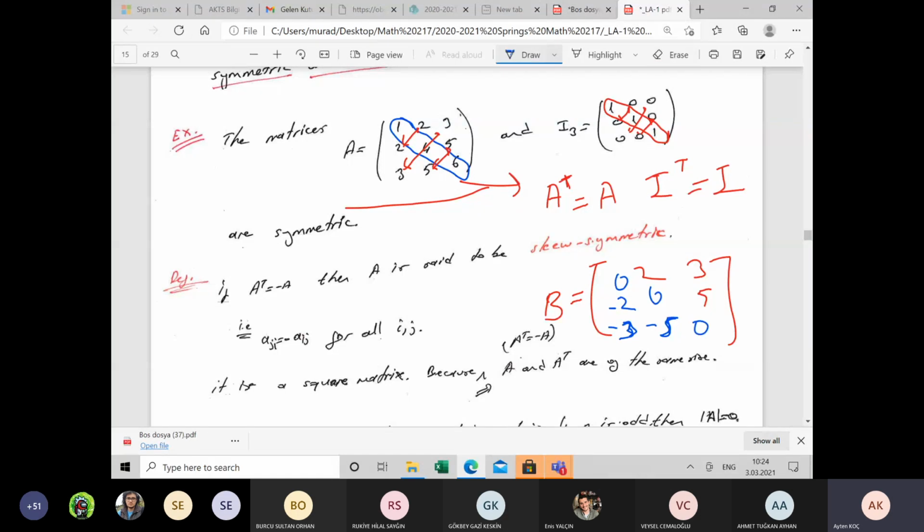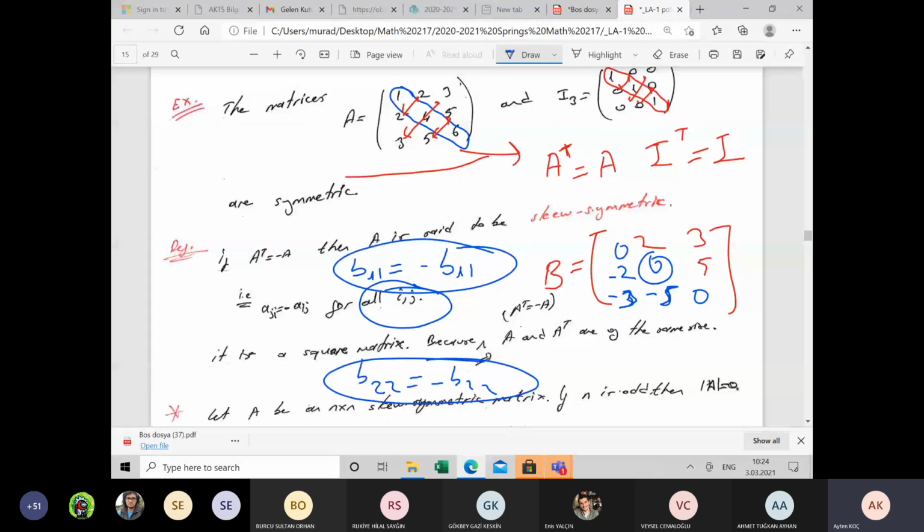Otherwise, for all ij, b sub 1, 1 should be minus b sub 1, 1, and b 2, 2 on the main diagonal should be minus b 2, 2. But we know the entries are real numbers. Which number equals itself multiplied by minus 1? 0. It's okay? So for a skew-symmetric matrix, the main diagonal entries should be 0.